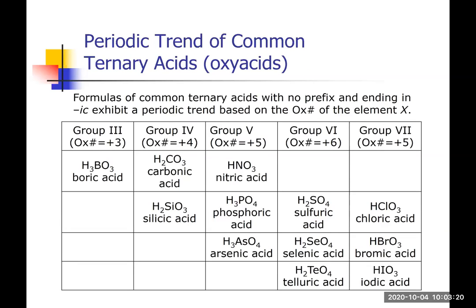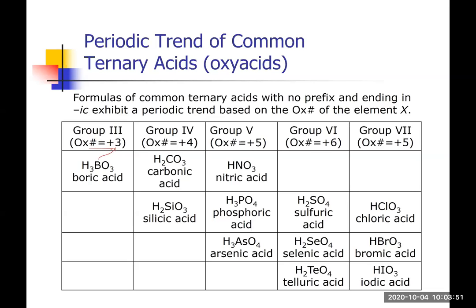So there is a periodic trend of common ternary acids in terms of oxidation state. You notice here we have group 3, 4, 5, 6, and 7 from the periodic table. And boron is in group 3. So if we have boric acid, which came from borate, BO3 3-, then we know that this boron right here is going to have an oxidation state of +3.